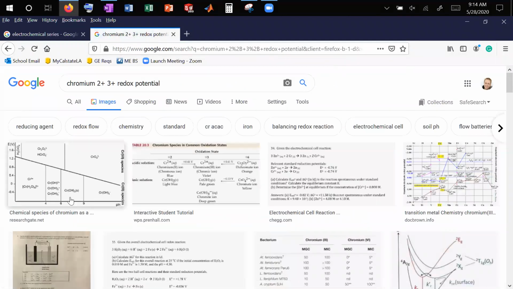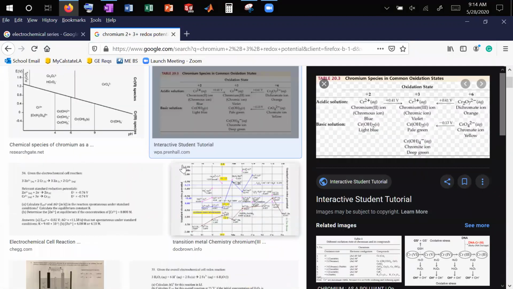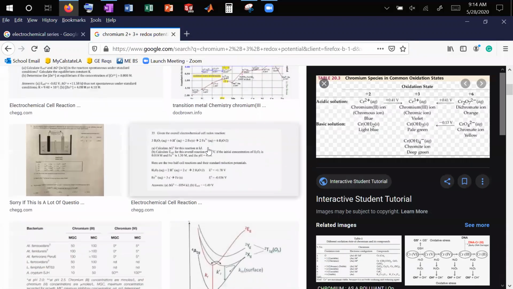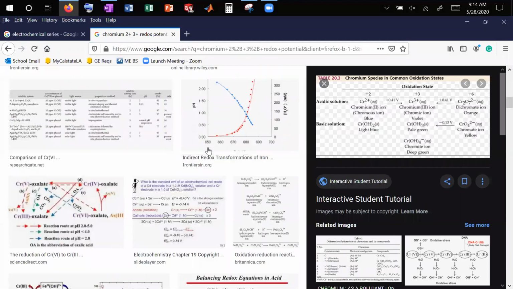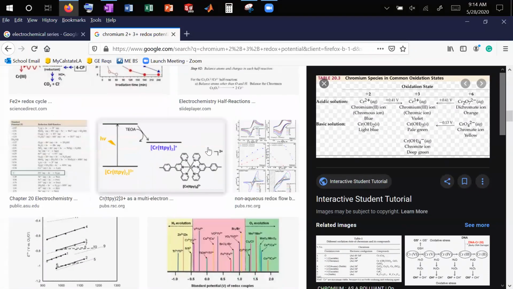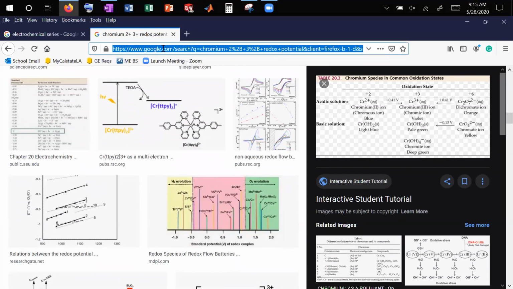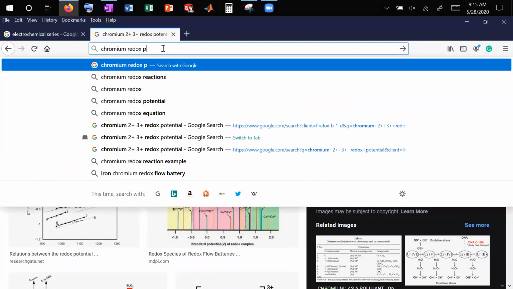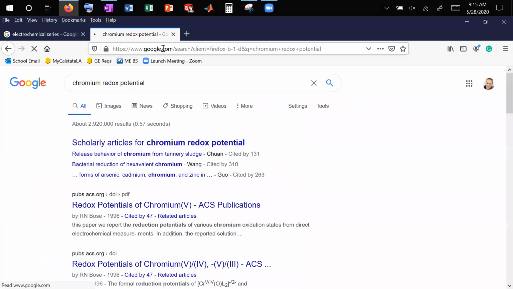So this is what I would have to do. So yeah, I would probably find a paper, but for the sake of time, looking for a paper, I want to see something a little more reliable than that. Let's see here. Let's just try chromium redox potential. If someone finds it before me, let me know.